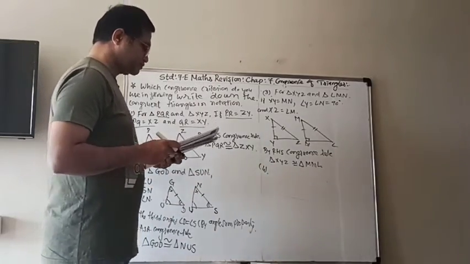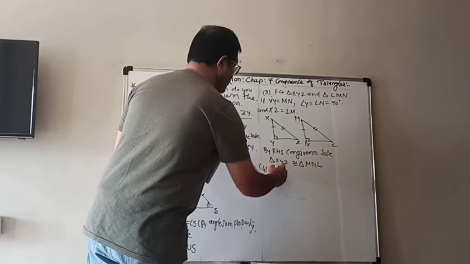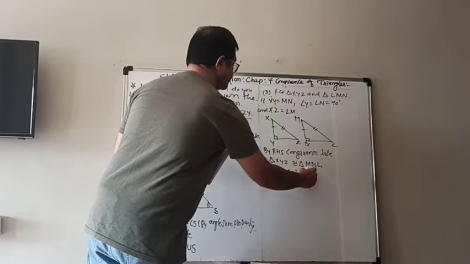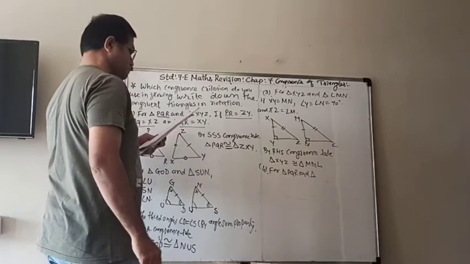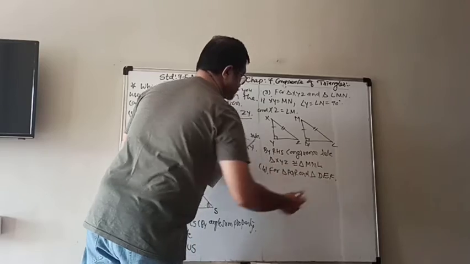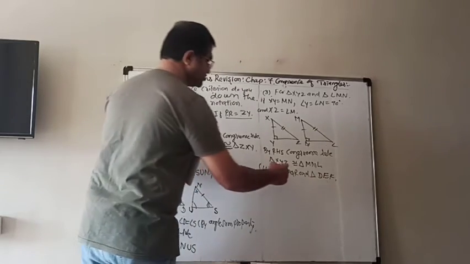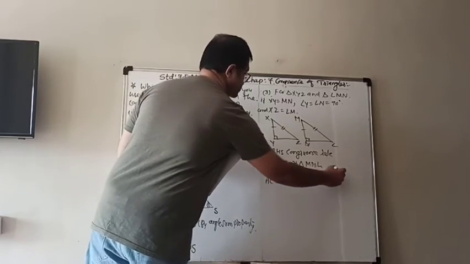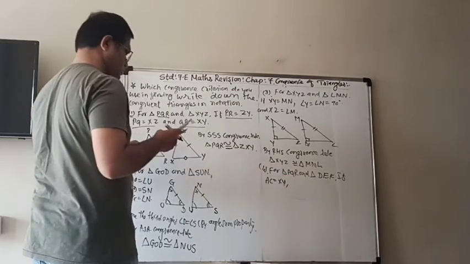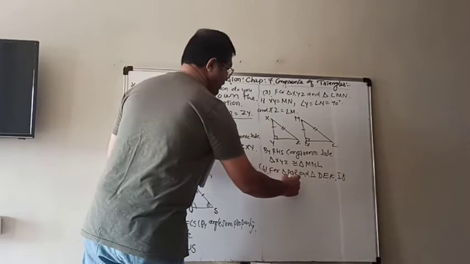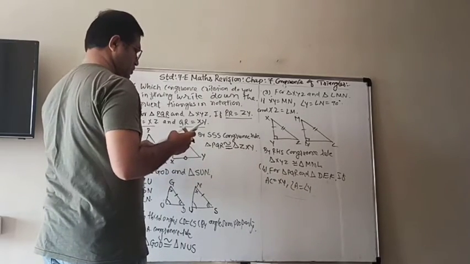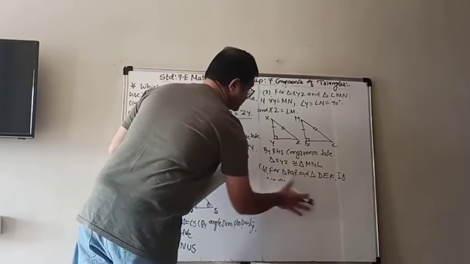Take one more. For triangle PQR and triangle DEF, if AC is equal to XY, angle A equals angle Y. Sorry, not AC.